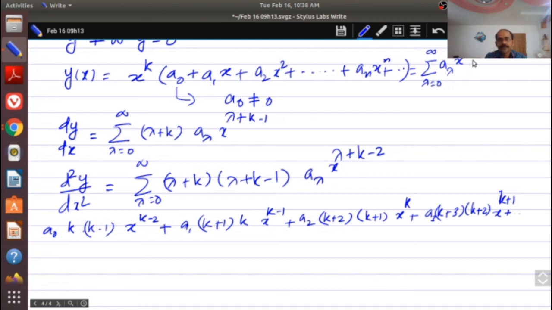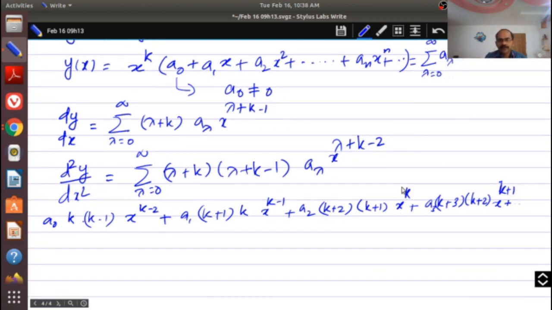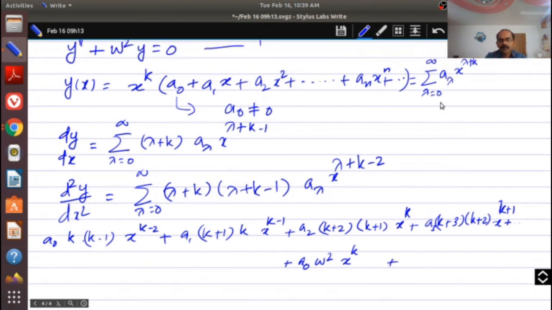I have a0 x raised to k, so that term is plus a0 omega squared x raised to k, plus what is it when lambda equal to 1? Why did I write it here, not here? Because it is equating the powers of x raised to k here, x raised to k here.